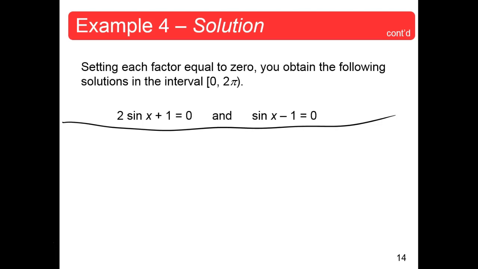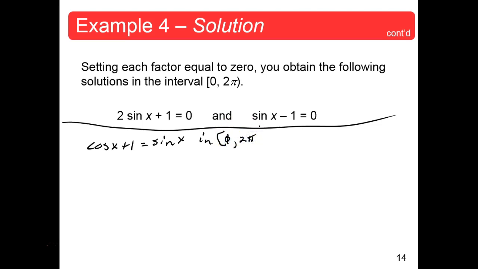Now it says find all solutions to the equation cosine x plus 1 is equal to sine x in the interval 0 to 2 pi.